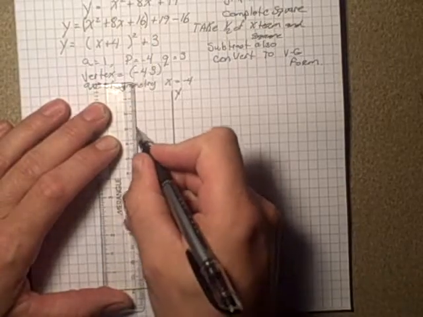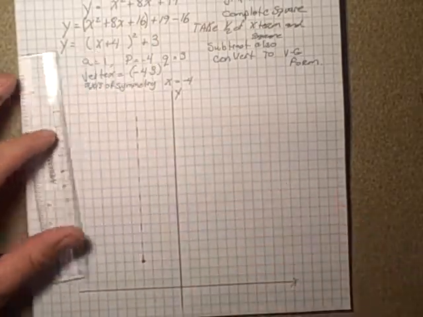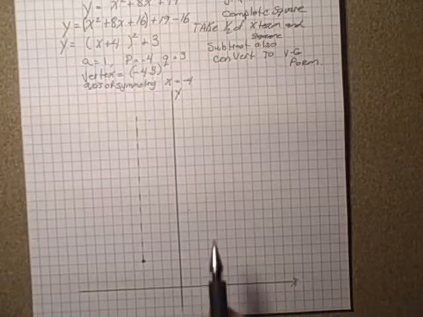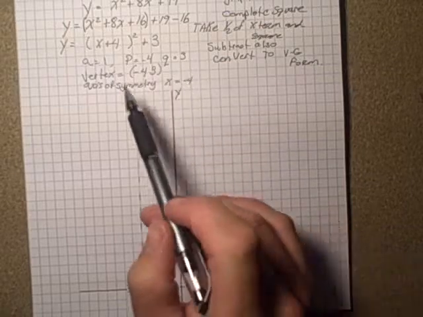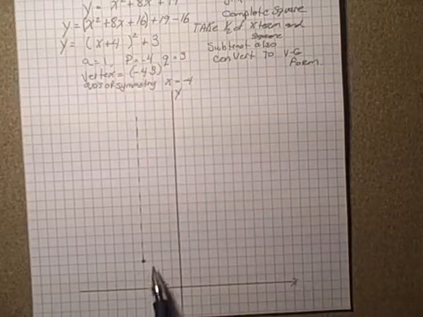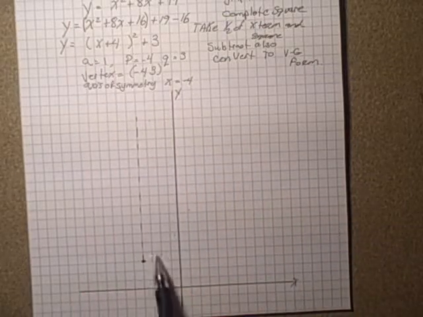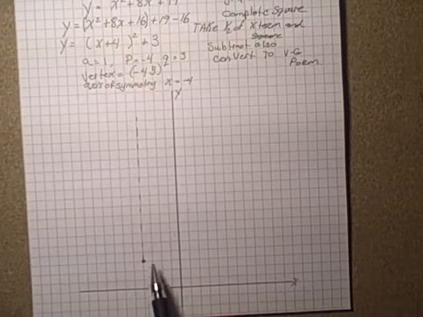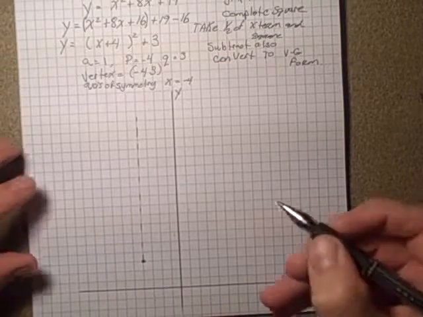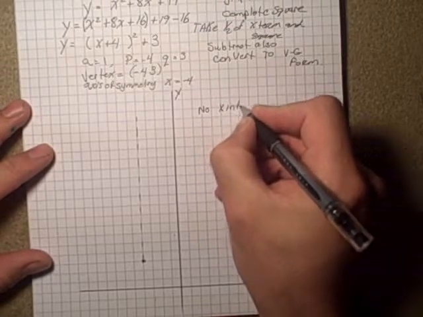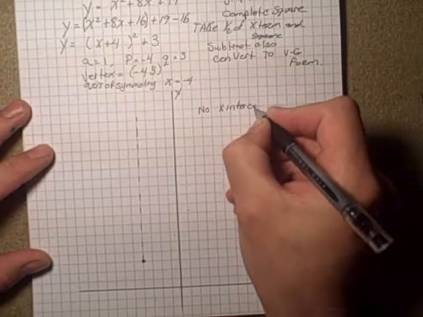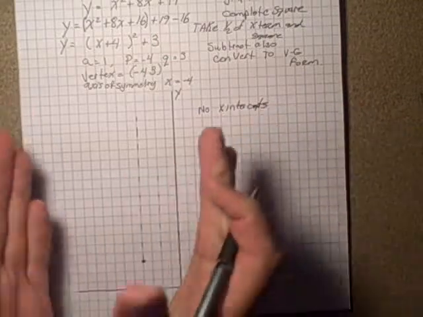And we know that if we were going to try to find the x-intercepts here, a is a positive value, plus 1, so it's going to be moving upwards like this. That means we will not have any x-intercepts, because it's curving up like this.